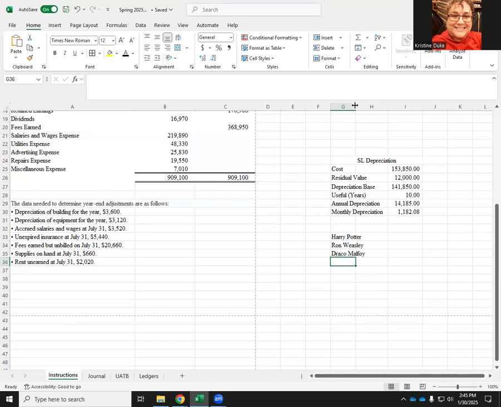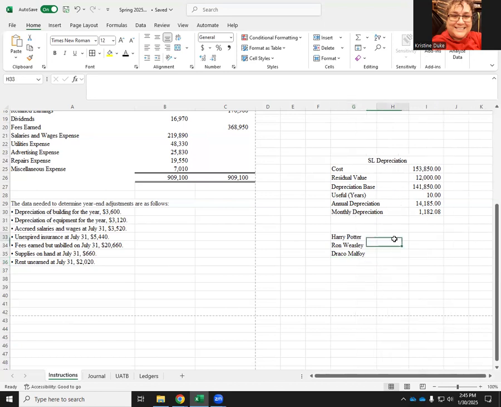Let me give myself some room here, and let's also move them down just one tad, just so I can have enough room to show you guys different things. So this is the employee. This is their hourly rate. And these are their hours that they worked that we haven't paid them for. And this is our total.